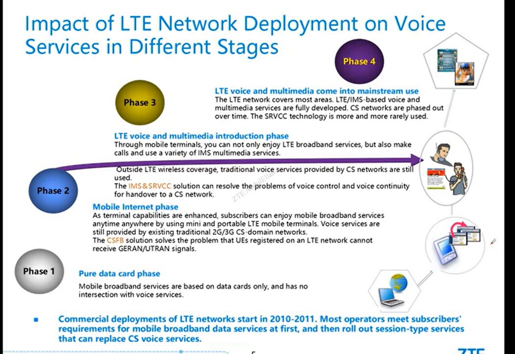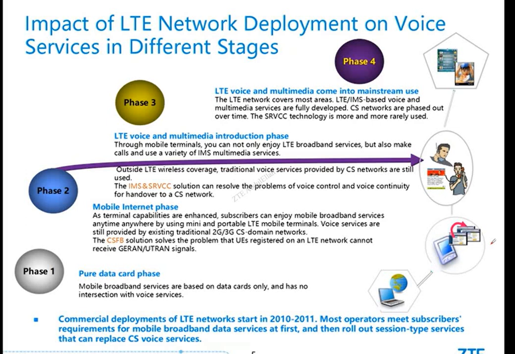Okay, phase 4. Phase 4 means the LTE network has already covered most areas. So in this phase, CS is no longer needed. We can remove all the CS network, with voice just provided by the PS. So we can also say it is just supported by the VoLTE technology.